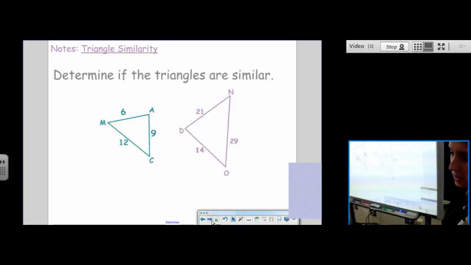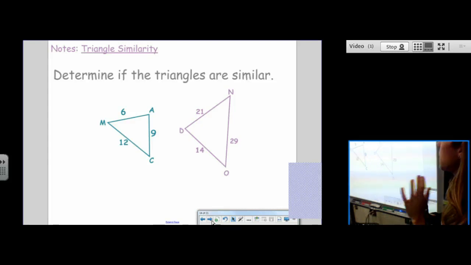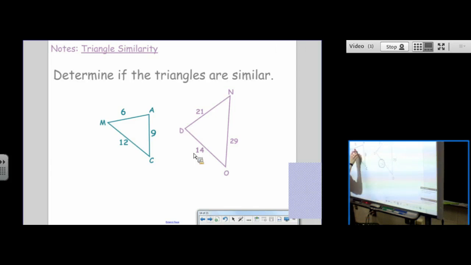Determine if the triangles are similar. I'm going to let you try this one. Do you have to check all three sides? You absolutely have to check all three sides. Small, small. Medium, medium.